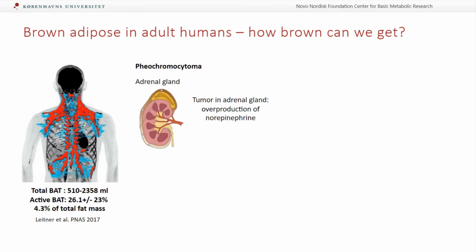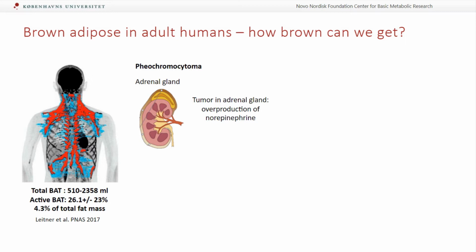So another model that's interesting to look at is a disease situation which is pheochromocytoma. And here in this disease, we have an overproduction of norepinephrine from the adrenal gland. So this is a tumor in the adrenal gland.